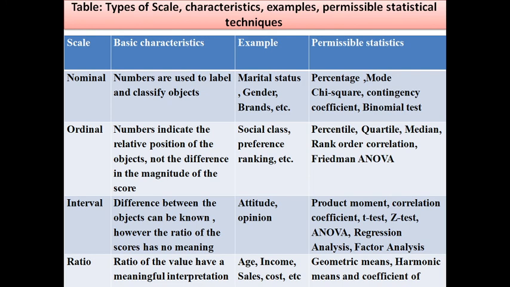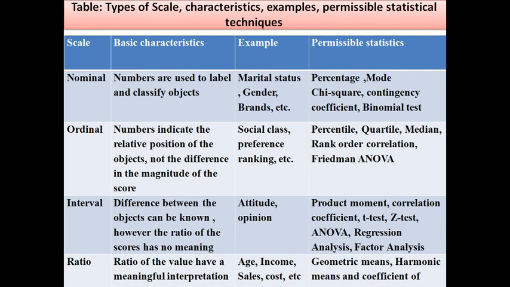Now in conclusion, this is a summary table. This table presents various types of scales, the characteristics of the scales, examples, and permissible statistical techniques. So nominal scale, as we have already discussed, the numbers are used to label and classify objects.